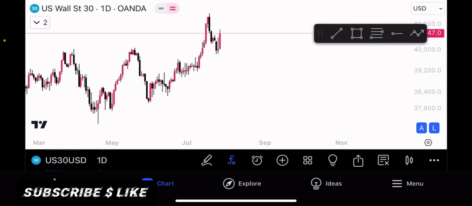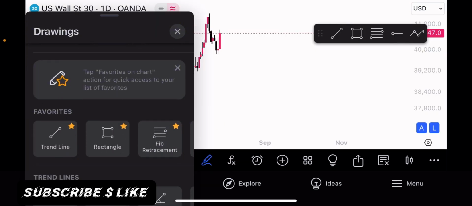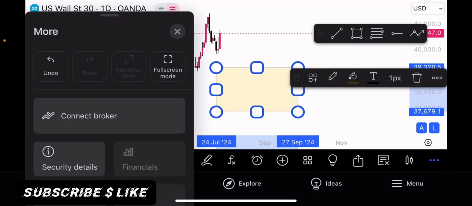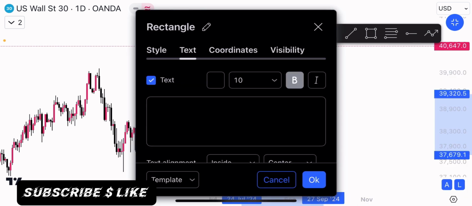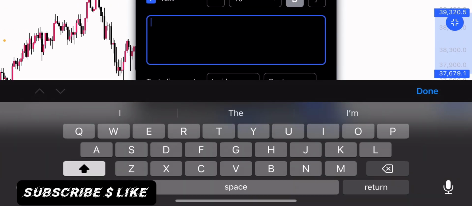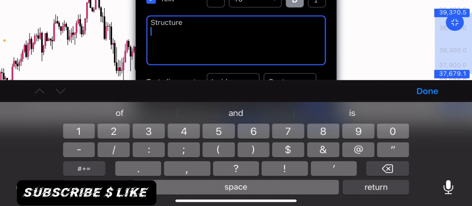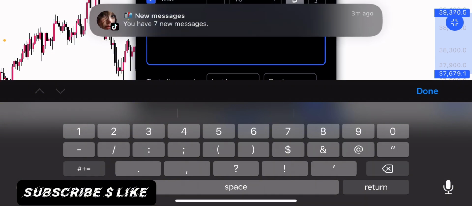Okay, let's put it this way. So two things I tend to focus on is structure. The first one is structure. Sorry, let me delete this.